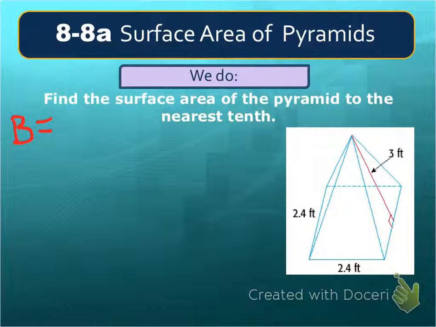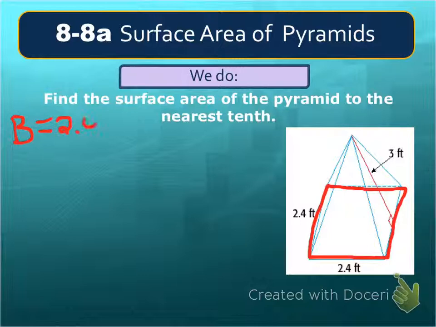It's a 2.4 by 2.4 foot base. To find the area of a rectangle, you multiply the length times width. 2.4 times 2.4 is going to give me 5.76. Now that's the area of the base.